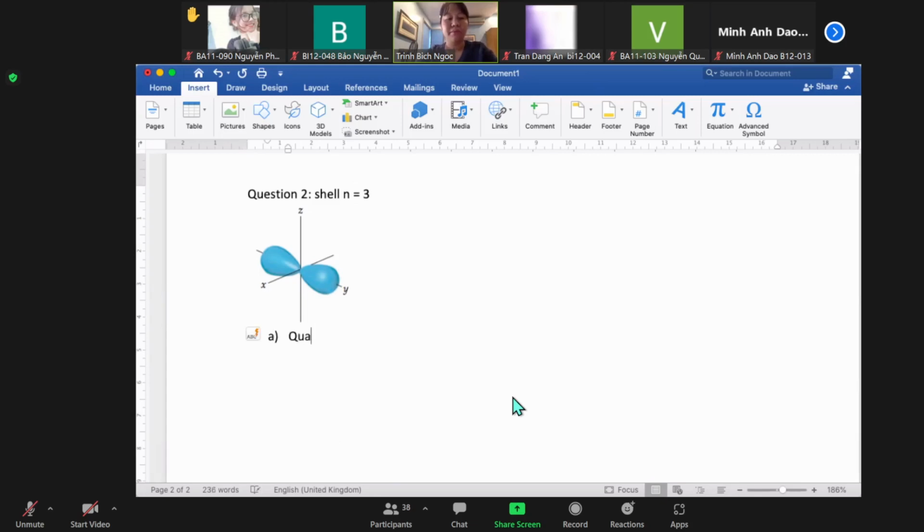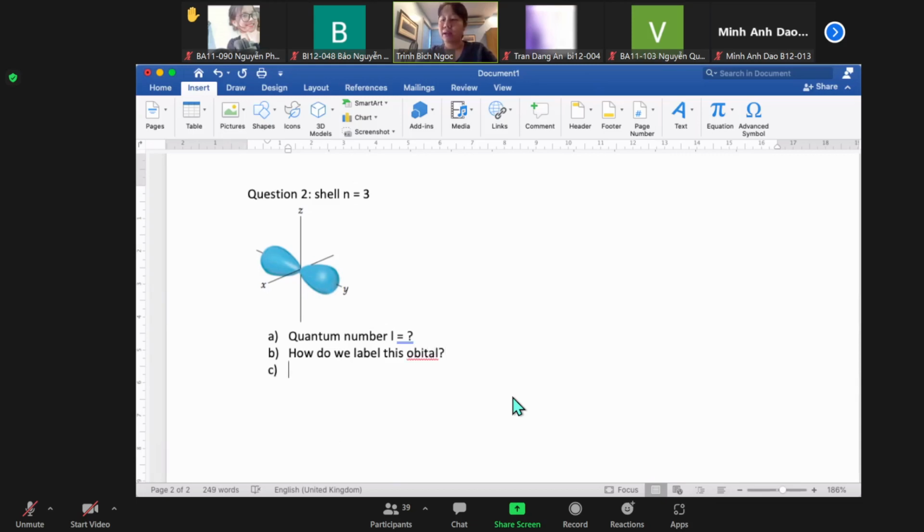The quantum number L. How do we label this orbital?